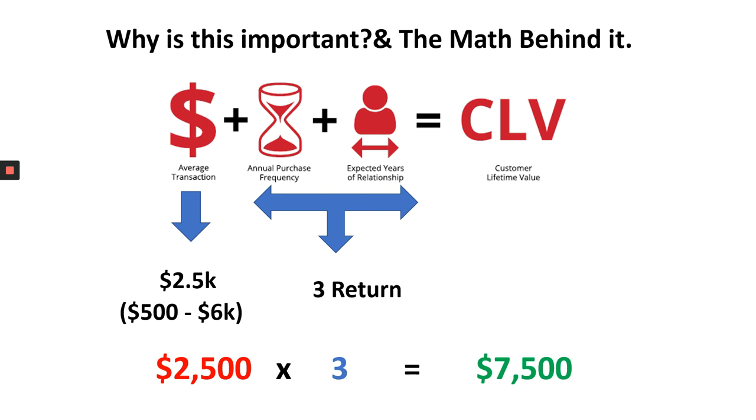Because the numbers that we're working with here are on the low end. We know that 2.5 is kind of low end for some stores, and we know that 3 returns is nothing. Some people return 3 times in a year, with Christmas and Easter and tax breaks or something. So we're just going to put the number 3 there and work at the low end on the math here.